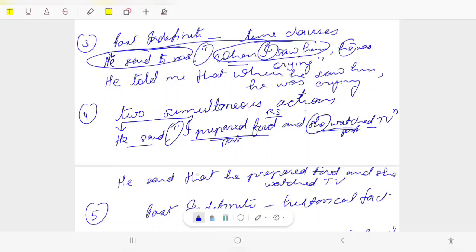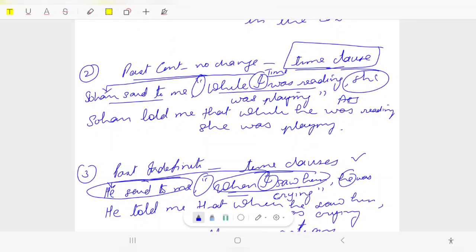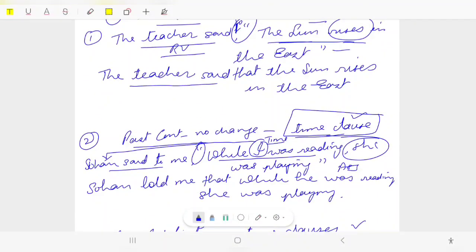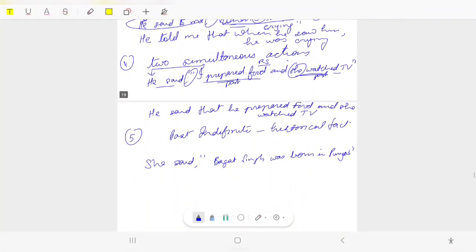In comparative exams, such sentences are given in which two simultaneous actions are going on, or past indefinite is used in time clauses, or past continuous is used in time clauses, or in RS universal truth is given. So we have to be careful.